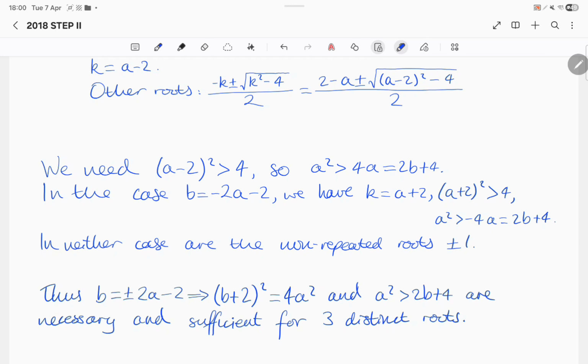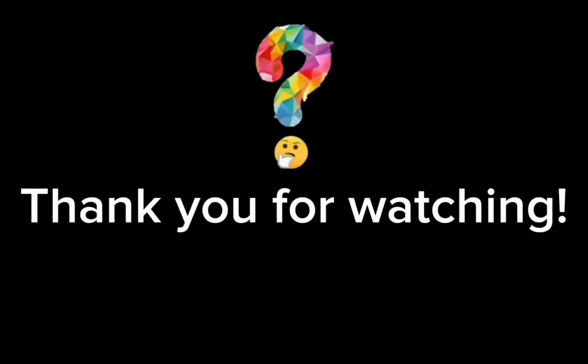We will also note that in both cases the non-repeated roots are not plus or minus 1. Therefore, we can say that b = plus or minus 2a - 2, and therefore the resulting equivalent expressions (b + 2)^2 = 4a^2, and a^2 > 2b + 4 are necessary and sufficient for 3 distinct roots.